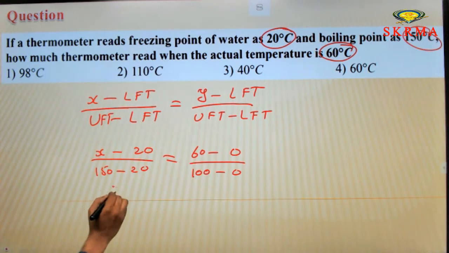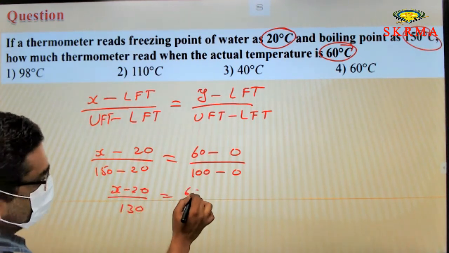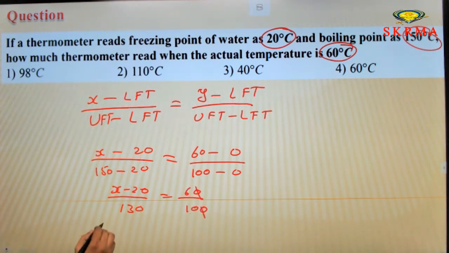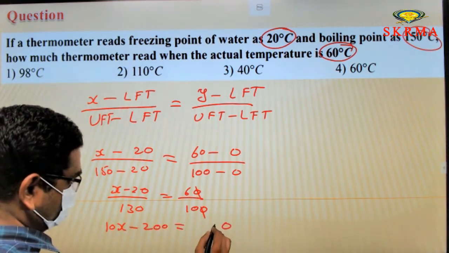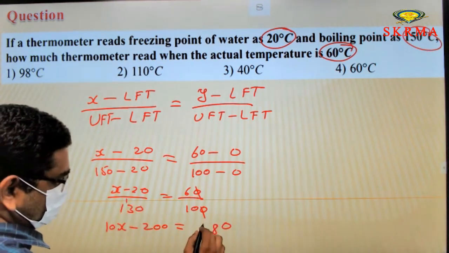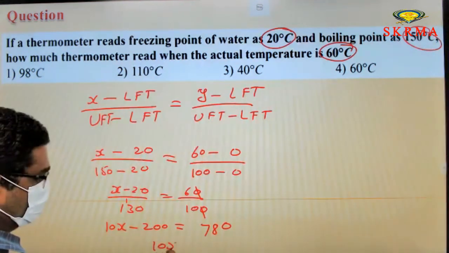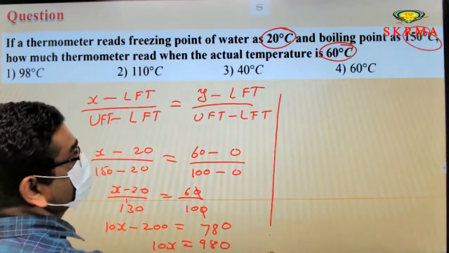Now solve: x minus 20 by 130 equals 60 by 100, that is 6 by 10. Cross multiply: 10x minus 200 equals 780. So 10x equals 980. x equals 98.